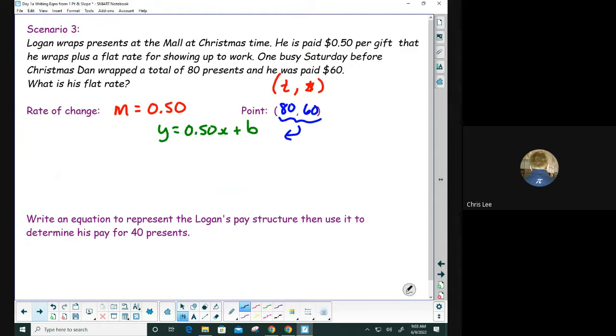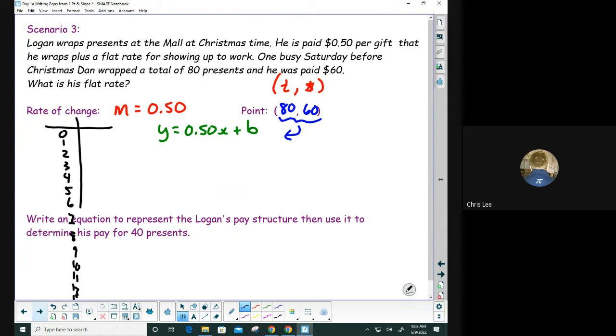Before I do the algebra, I just want to talk about what's wrong with doing the table if you're working with a decimal. What's the problem with my table? You've got 80 presents. I've got to go 80 times. I don't want to do 80 times, right?